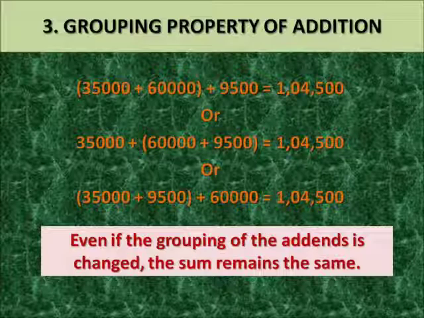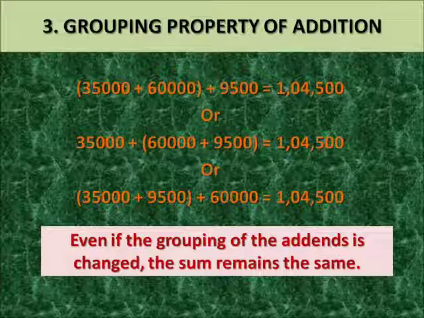We get the sum as 95,000. Now we add 9,500 to 95,000 and get the final result as 1,04,500.